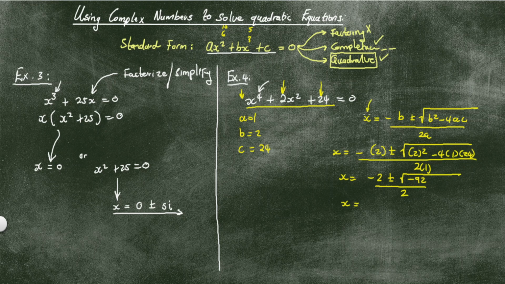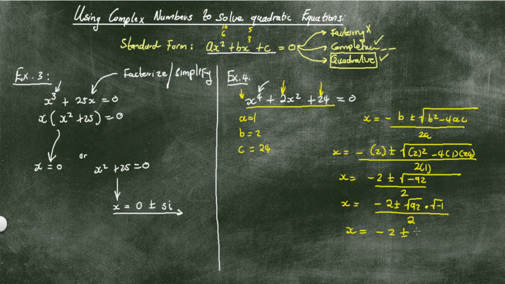I actually made a bit of a mistake, but I'll rectify it with the quadratic formula. Alright, minus 2 plus or minus the square root of 92 multiplied by the square root of negative 1, divided by 2. x is equal to minus 2 plus or minus the square root of 92.